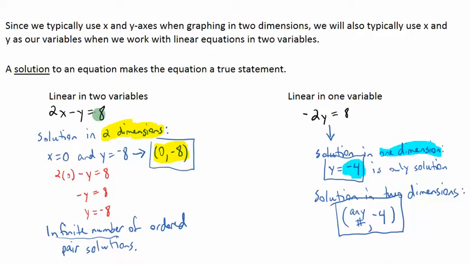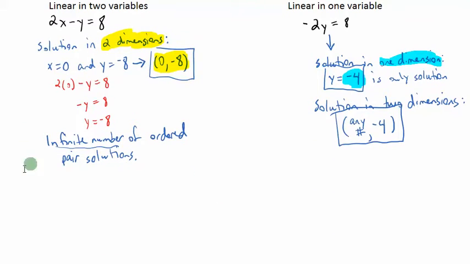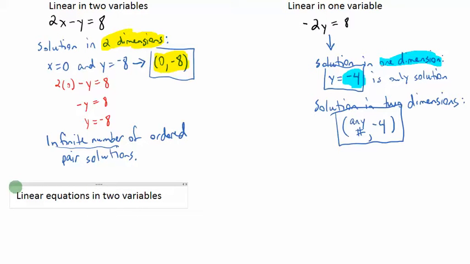Okay, so now let's play around with both of these equations a little more. Linear equations in two variables have infinite solutions, and they're ordered pairs.